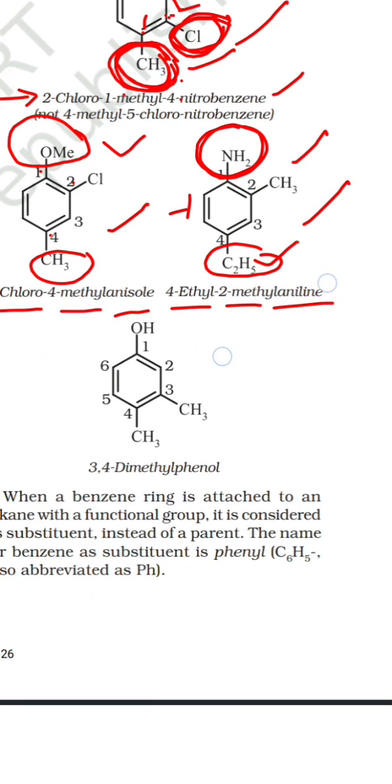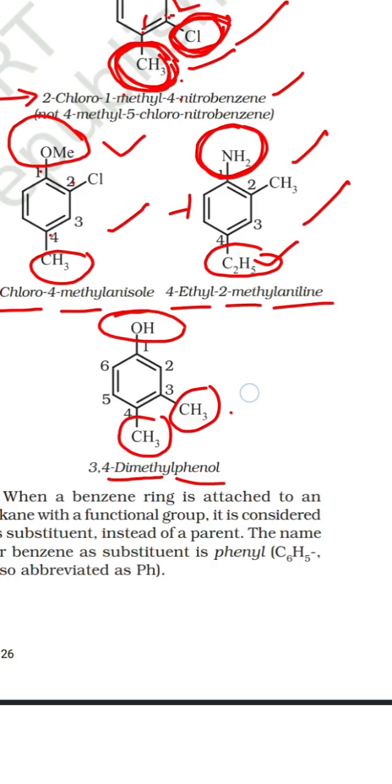And then in this compound, obviously OH gets the first preference, the alcohol group, that means this is a phenol group, and that gets the first number. And the third position has a methyl, the fourth position has a methyl. That means 3,4 dimethyl phenol.